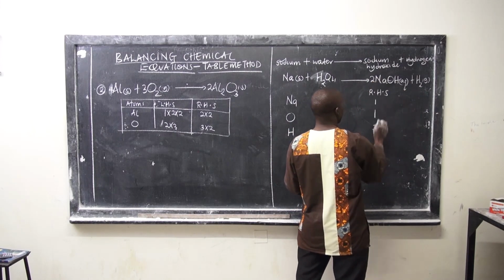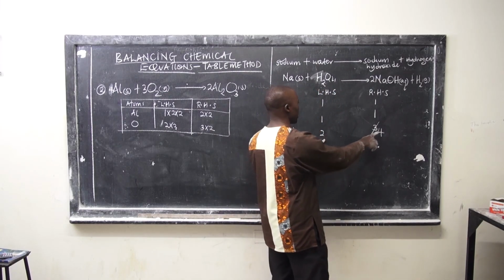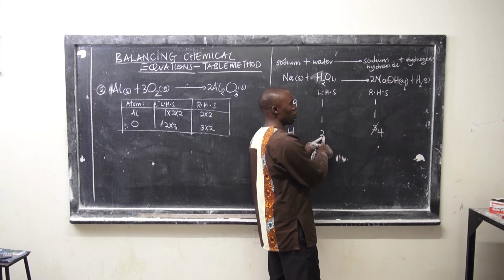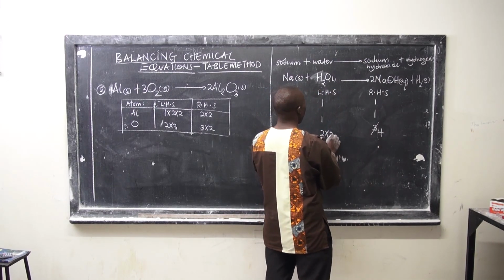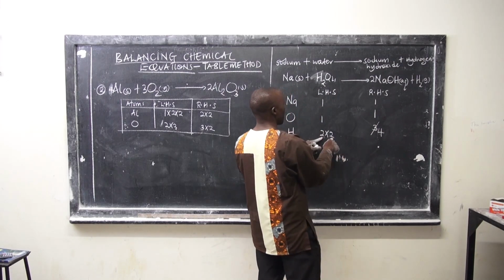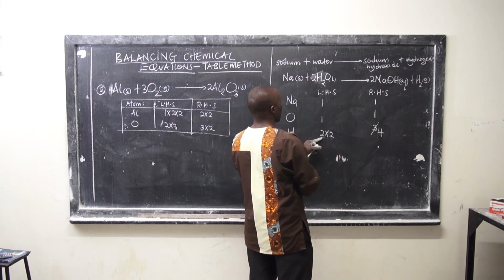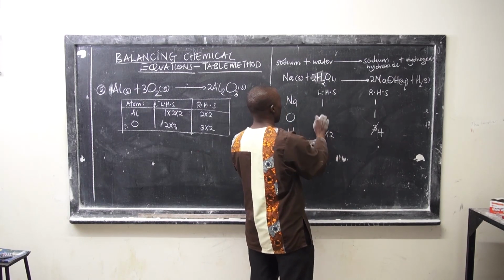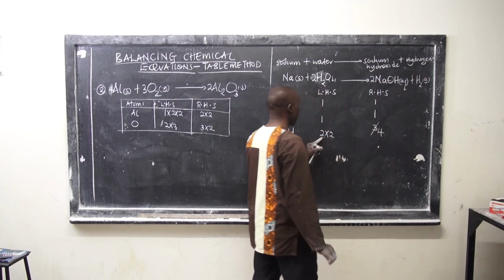So by putting here 2, I make this 4. So it is easier to adjust this 2 to 4. Multiply by 2 here and transfer this 2 on hydrogen this way. So by putting a 2, hydrogens become 4. Hydrogens are 2 plus 2, giving us 4.